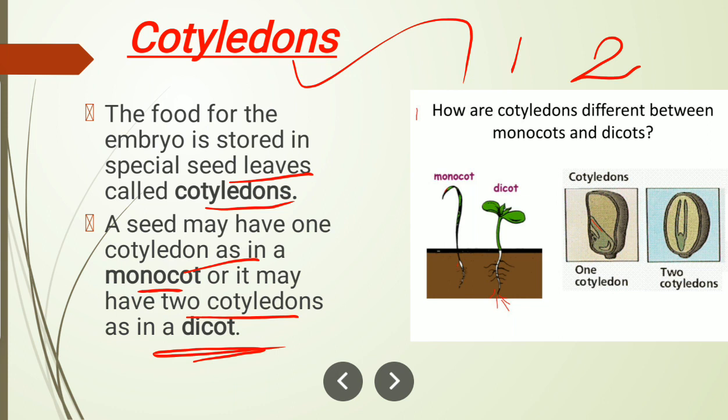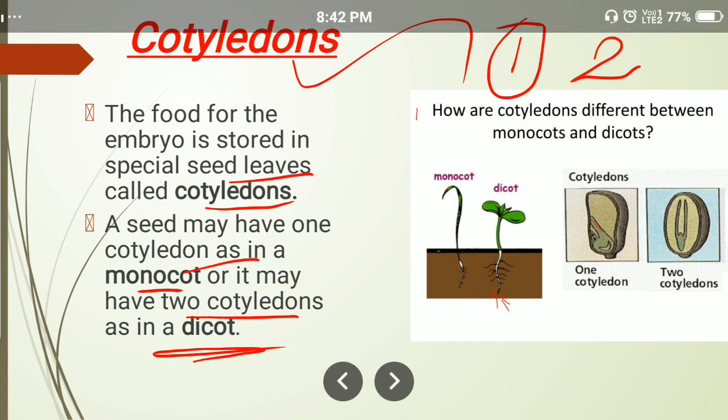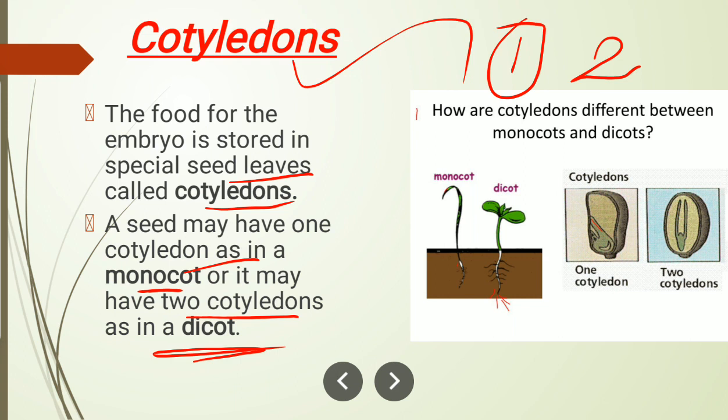Now you can get confused with these two terms, so I am going to give you a very simple example so that you can relate to it and keep it in your mind for a very long time. I have a cousin whose name is Monu Bhaiya, right? Monu Bhaiya is one, so that means monocot. This is how I learnt it in my childhood.